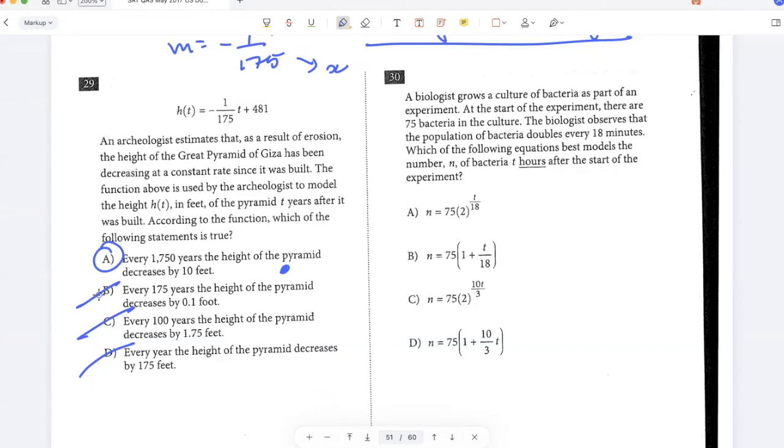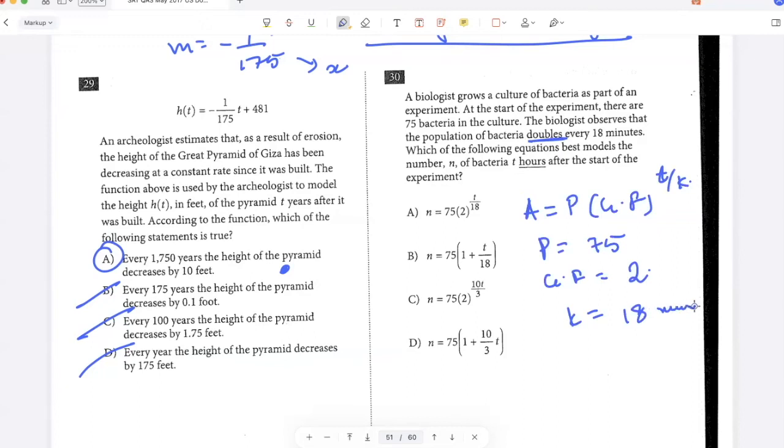Okay, so this is an exponential function: P times the growth factor to the power T by K. The initial value is 75. The growth factor is 2 because it doubles every 18 minutes, right? So K is 18 minutes.